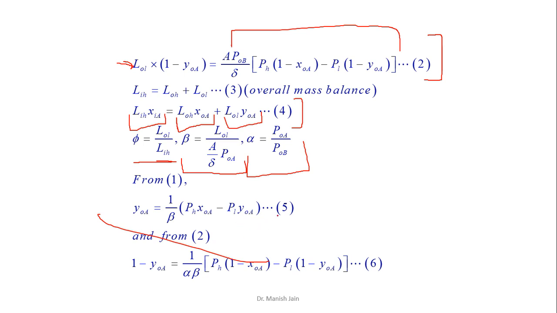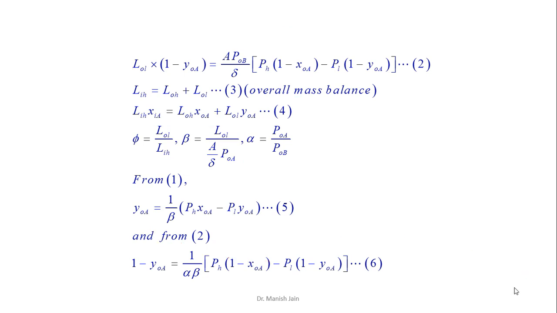So this is equation 5. Similarly, you can also write equation 2. In equation 2, if you replace this term using alpha and beta, you will get 1 minus YOA equal to 1 by alpha beta PH 1 minus XOA minus PL 1 minus YOA.